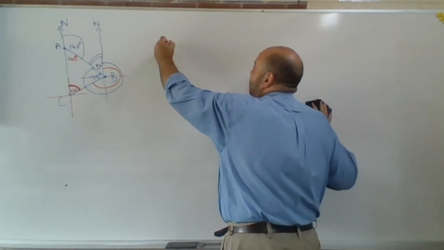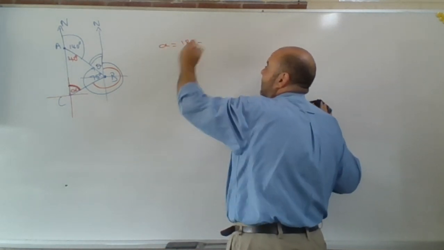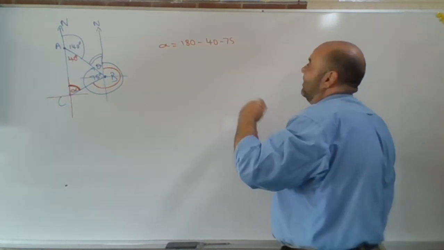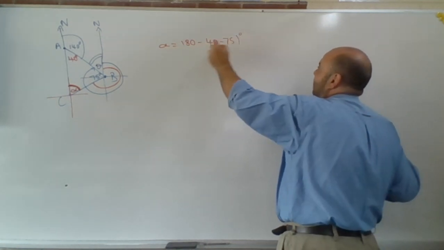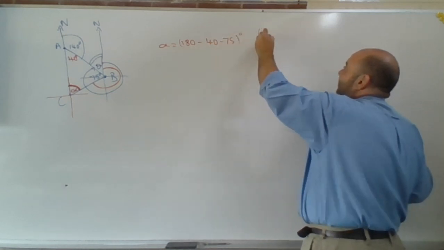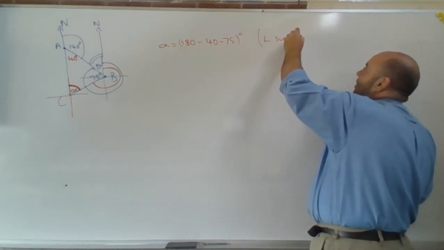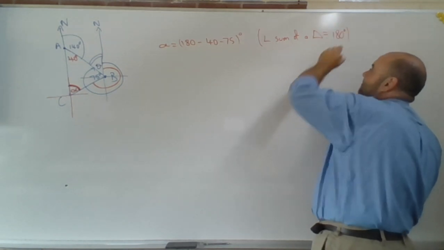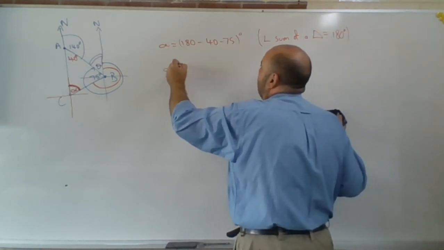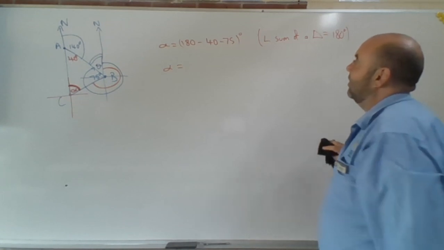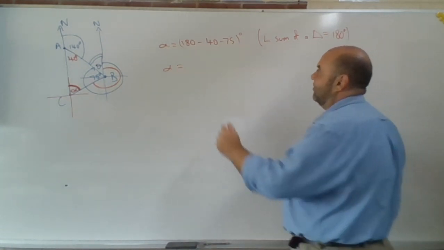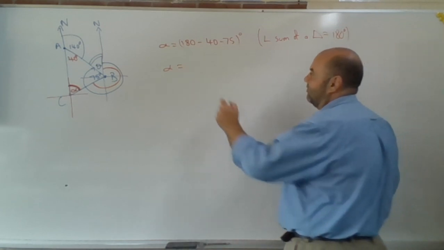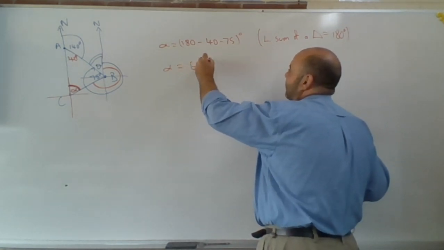Alpha is going to equal 180 minus 40 minus 75, because the angle sum of a triangle equals 180 degrees. So we've got 65 degrees. 105, take away 40, 65 degrees.